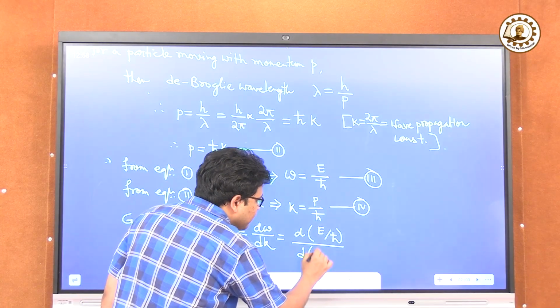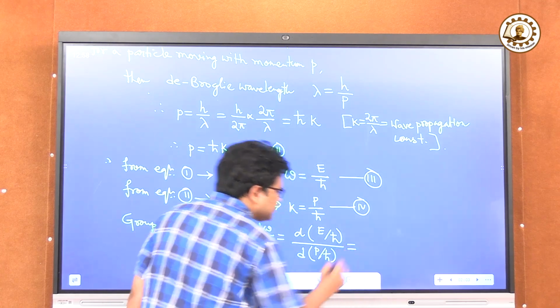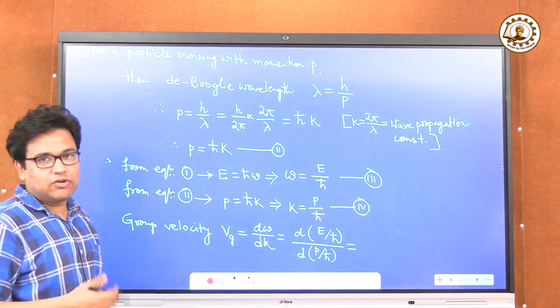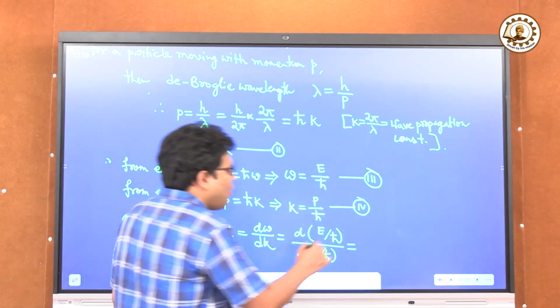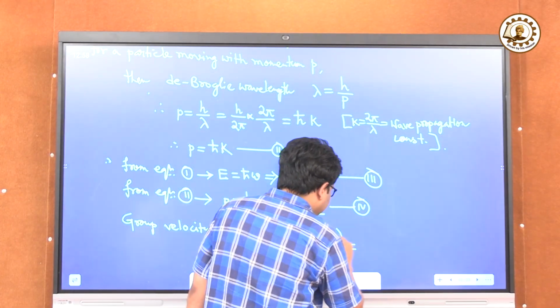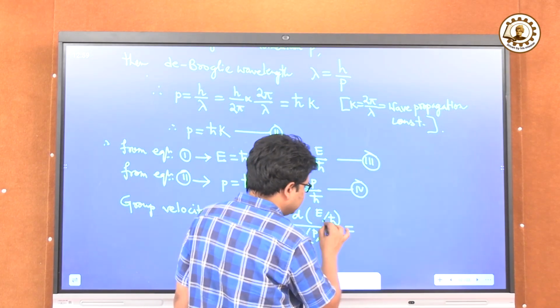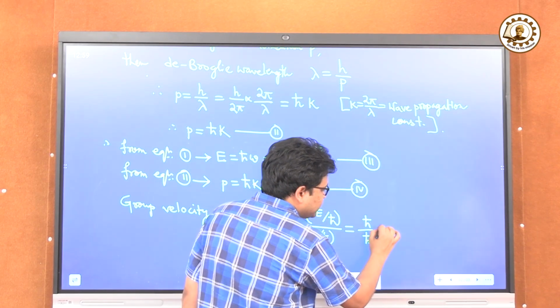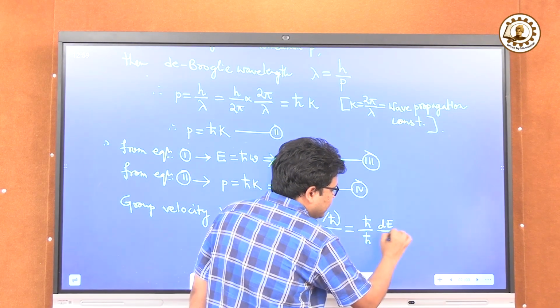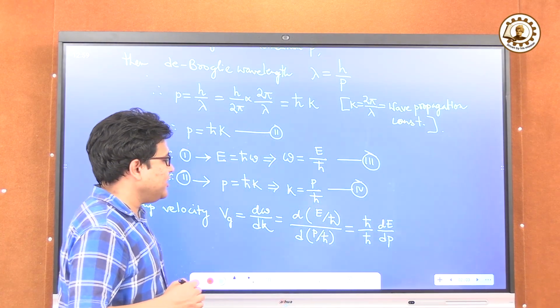So d of p by h cut. Since h cut is constant, it can be taken out of the differential operation. So it becomes h cut by h cut dE by dp.